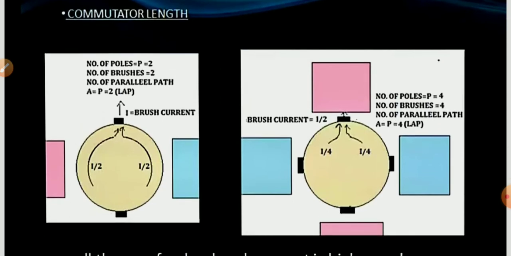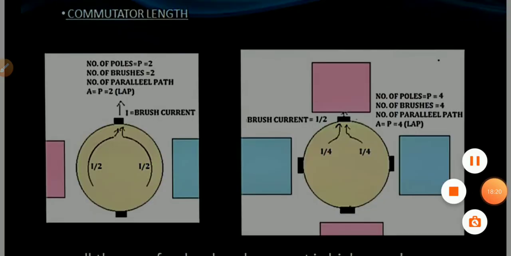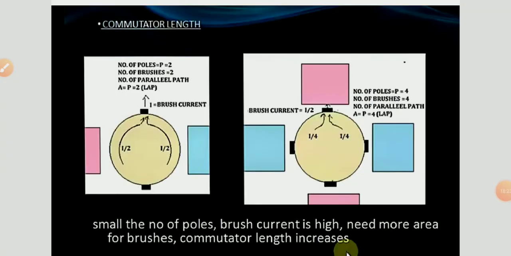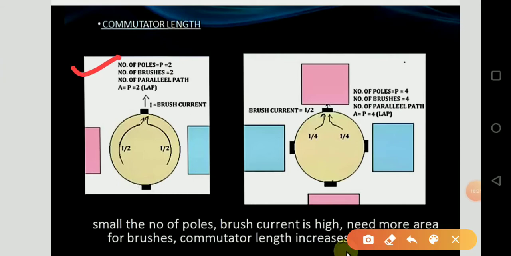Now the next is commutator length. A two pole machine will have two brushes, and the number of parallel paths for lap winding A equal to P, so here we have 2. In a two pole machine, with two brushes, the current I is divided into I by 2 and I by 2.